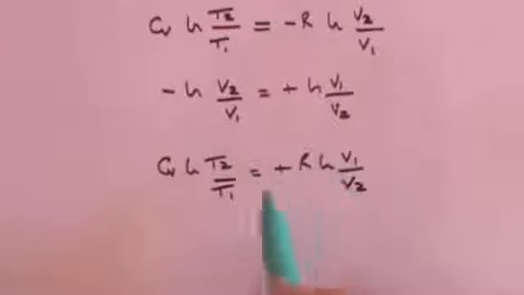What you can also do is to take the term in front of the log and put it up as the exponent. They are the same thing, that's what logs do. So now we have that the log of T2 over T1 all to the power Cv is equal to the log of V1 over V2 all to the power R.